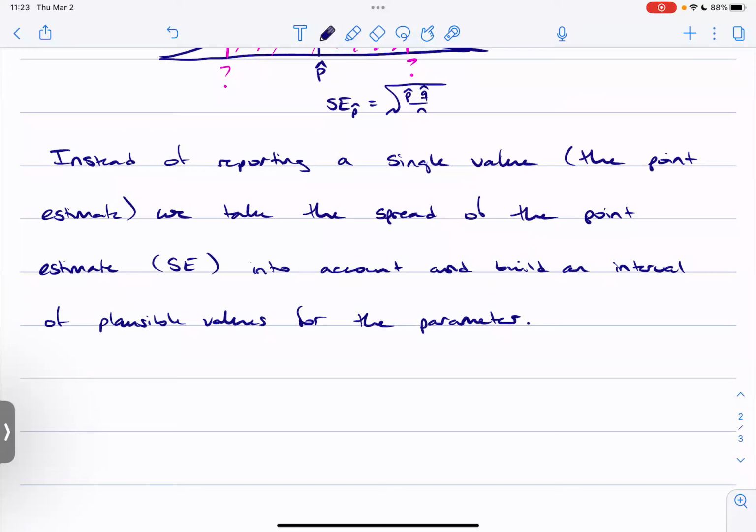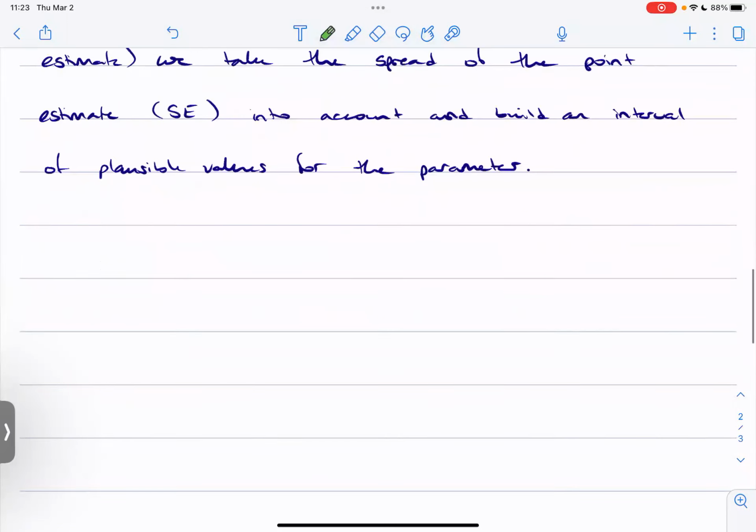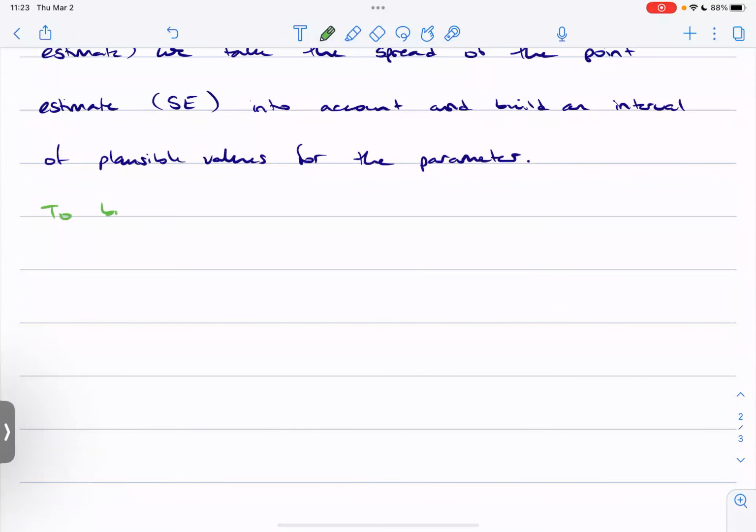So what we want to do is build, let me change color here, a 95% confidence interval, which I'm just going to start abbreviating CI. Confidential informant? No, confidence interval. I watch a lot of crime shows. Oh yeah, the CI.